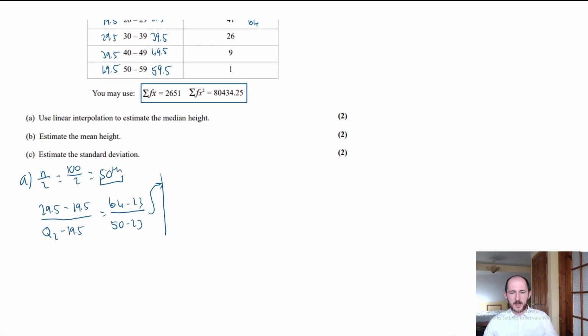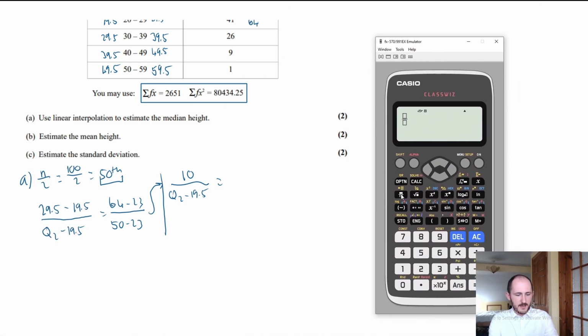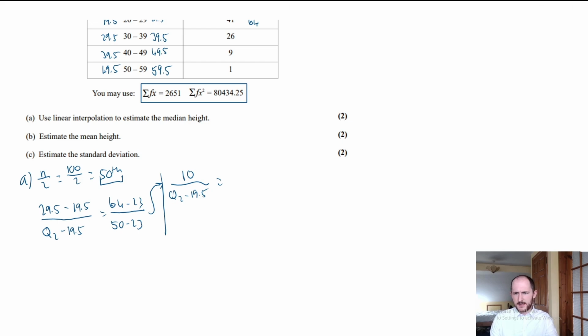So if we just first work out what these are, the one on the left is actually quite easy, I don't need to do that. Q2 minus 19.5. Work out what the thing is on the right, just to make our lives slightly easier. 64 minus 23 over 50 minus 23. 41 over 27. Nice and easy. Again, you can call it cross-multiplying if you like, or you can do it in two different steps.